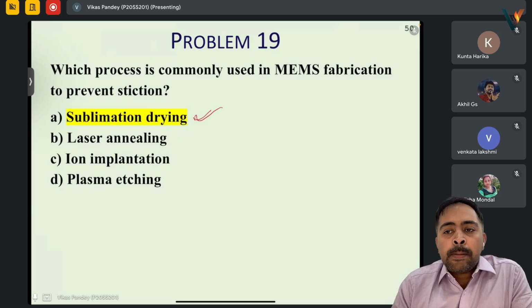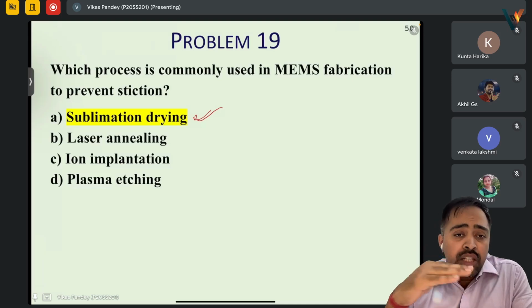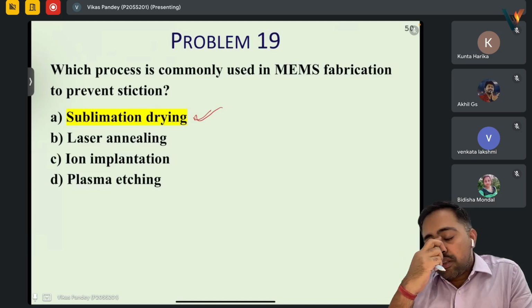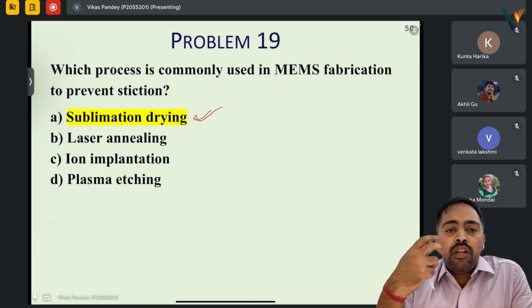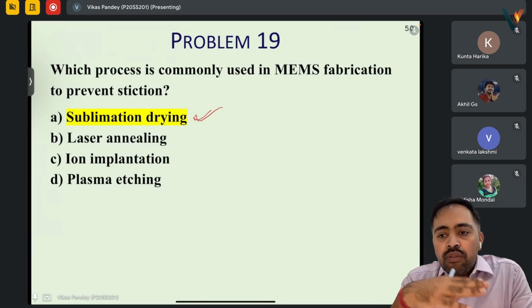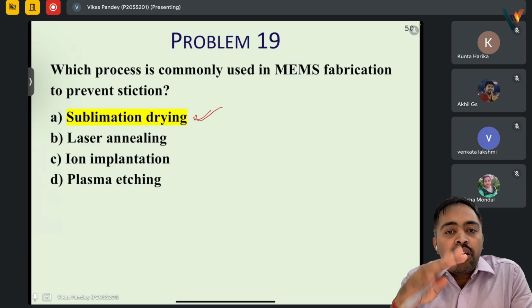It is a way of drying where we ensure there is no water. It is the same as the supercritical one, where instead of liquid phase drying, we are using a liquid which will directly evaporate.